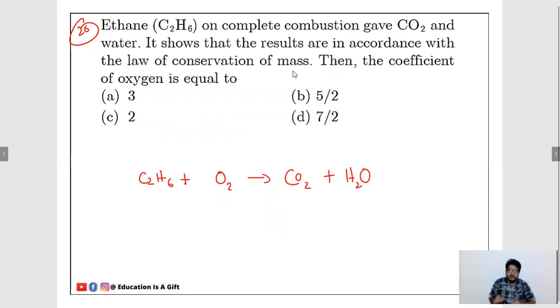So this equation should satisfy the law of conservation of mass. Then the coefficient of oxygen is equal to, so here one number should come. What is that number? Let us substitute. Let us keep 3 here. If we keep 3, how many oxygens? 6. Here how many oxygens? 2 plus 1, 3, not equal.